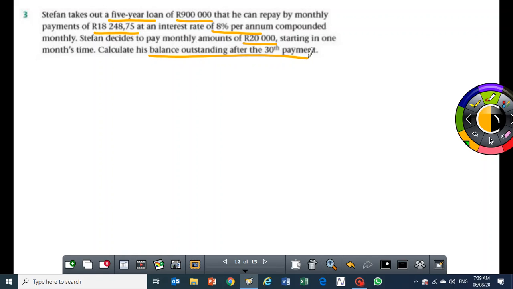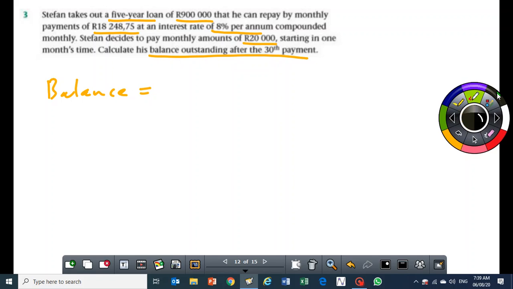Now remember, we have got two formulae. So the first formula, we use the compound interest formula. Our number of payments is going to be equal to K, which is the number of payments up to a specific point.